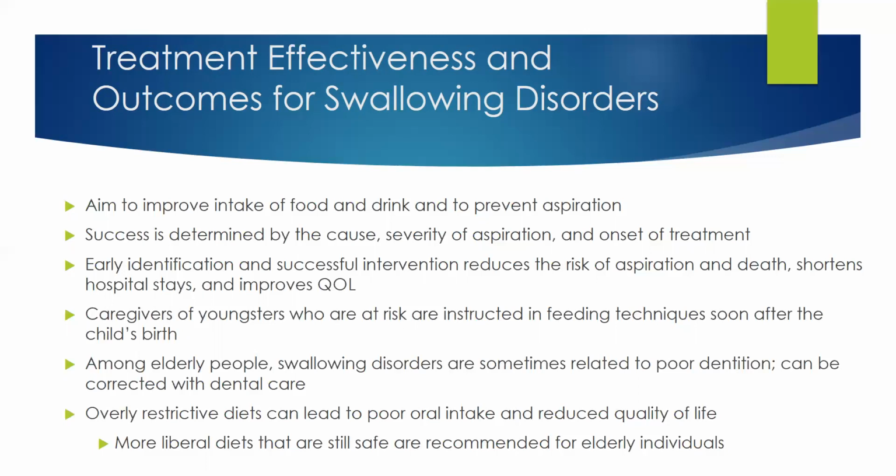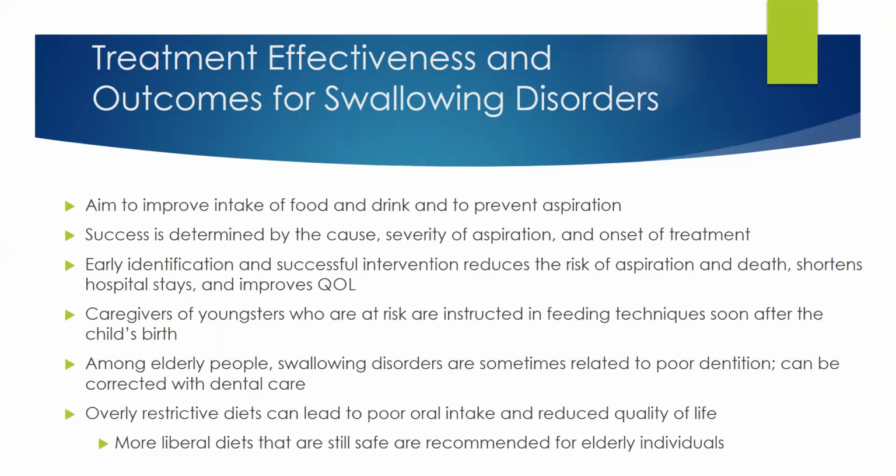We try to identify as early as possible and intervene to prevent small grade aspiration from progressing to full-blown pneumonia. So we get these interventions in a timely way. Timely interventions shorten hospital stay, so length of stay, and has been shown to improve quality of life.